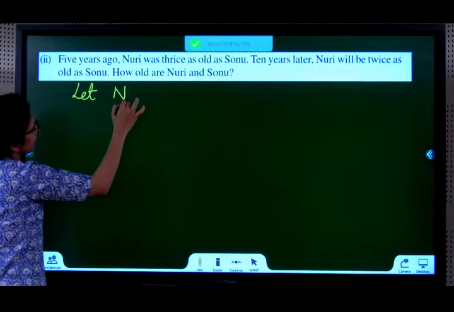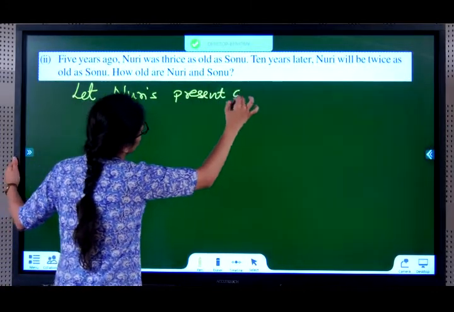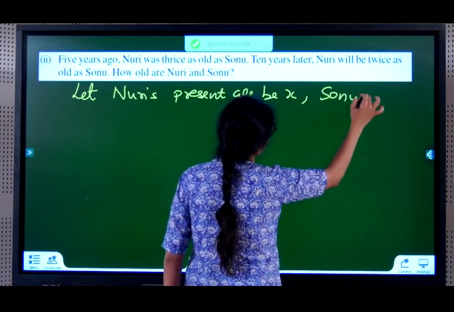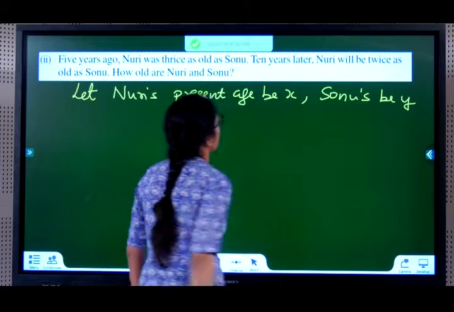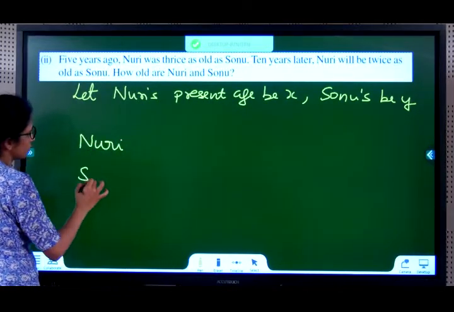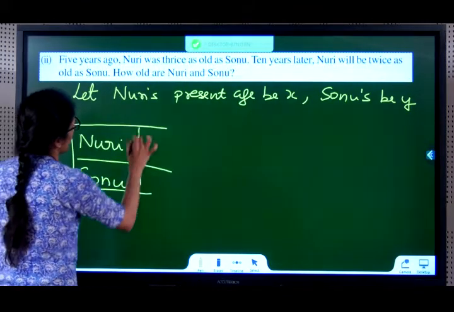So let Noori's present age be x and Sonu's be y. So what are we doing here? We have Noori, we have Sonu. Please form the table. It's an age problem.